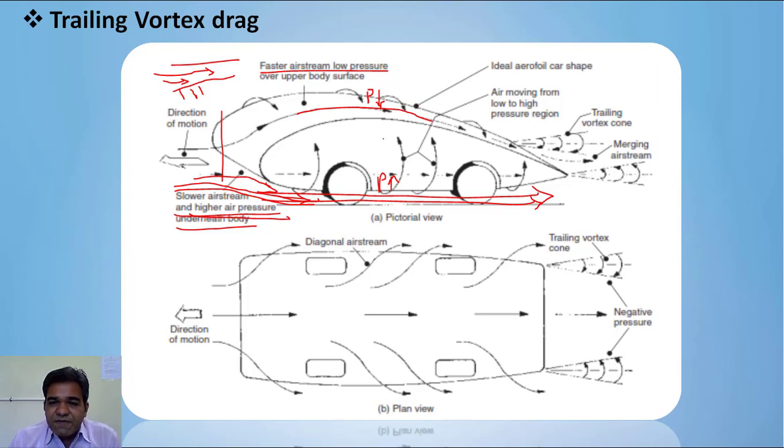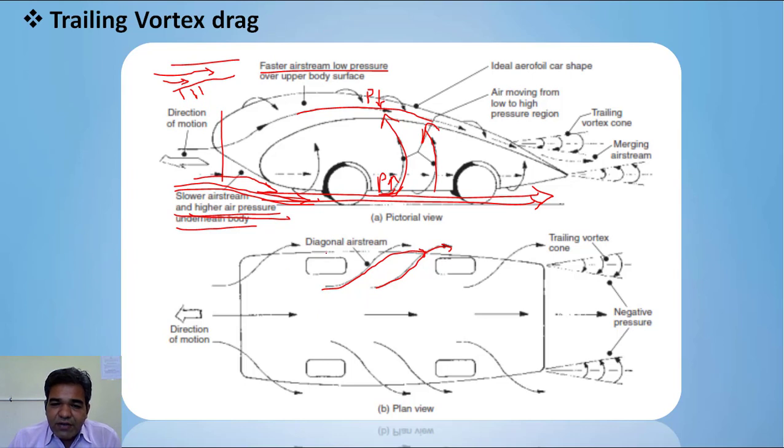So here the pressure difference occurs, and due to this pressure difference, the airstream which is moving underneath the body tries to diverge its direction. It tries to move in a diagonal shape, as you can observe in this figure, and tends to move towards the upper side of the body.